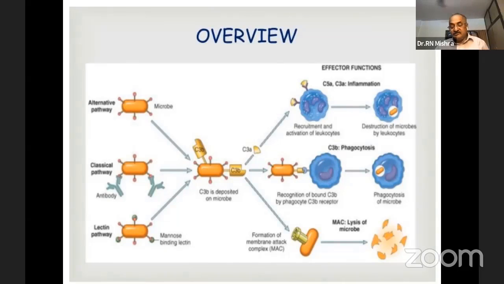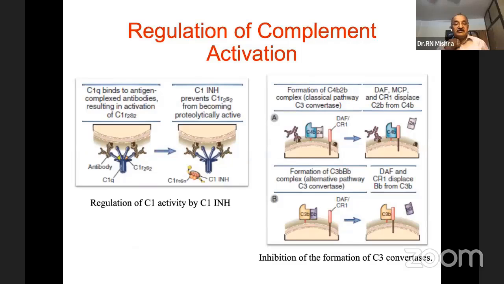So complement, as the name suggests, is facilitatory to elimination of microbes, foreign tumor cells, or autoreactive cells. Because it's a powerful system, we need to have checks and control. Otherwise, there will be too much inflammation and immune-mediated reaction. This C1 inhibitor is one such protein.